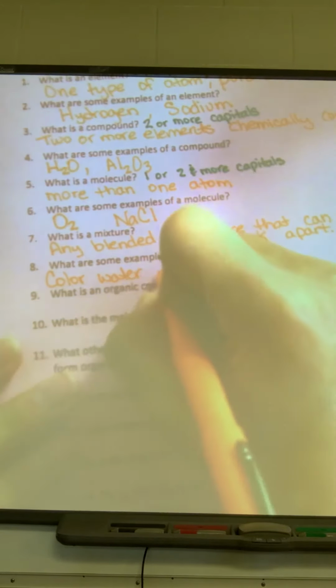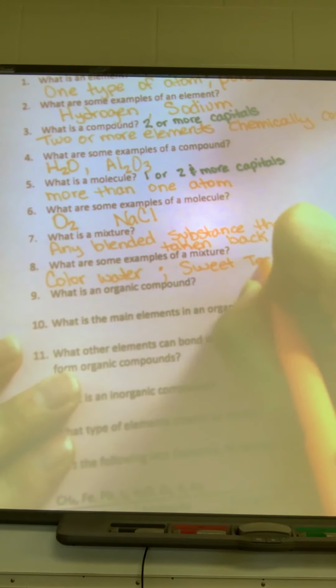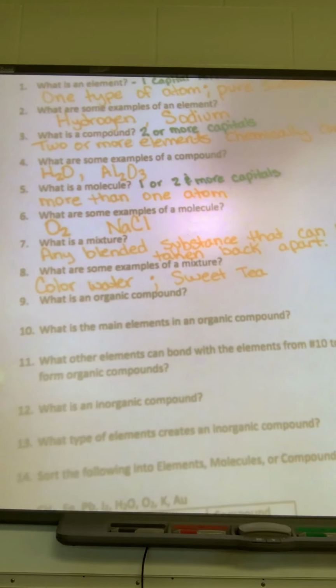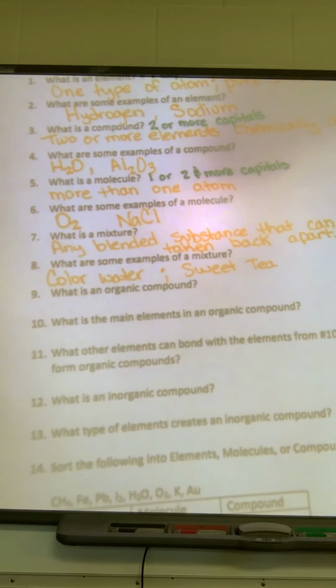Sweet tea is a great example of this because the water will be pulled out and you'll still have the sugar in the bottom of the pitcher of tea or in the glass of tea. So the water can evaporate. I don't know why I said dissolve. I'm so sorry, both times it should be evaporate. And then it can come out.